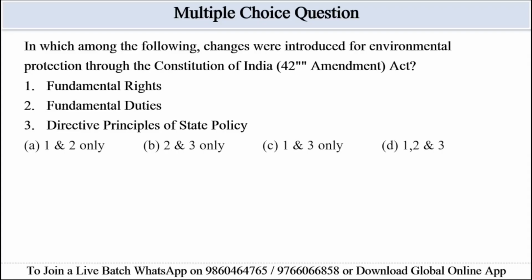So option B will be the correct answer, option C will be incorrect, and option D is also going to be an incorrect option. So the fundamental duties and directive principles of state policy are the changes which were introduced for environmental protection through the Constitution of India, 42nd Amendment Act.